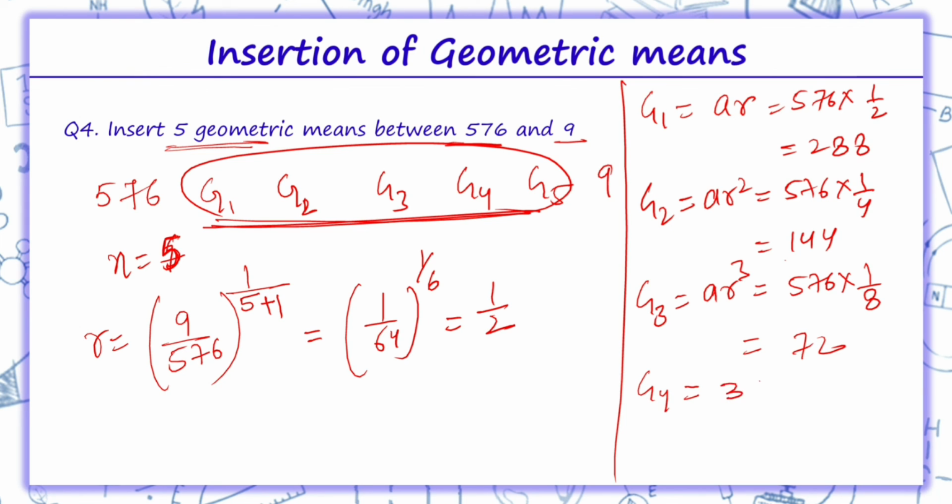Similarly g4 will be 36 and g5 will be 18. So this is how we can find the values of the geometric means we have inserted. Like we have inserted 5 geometric means, we can find their values by the same method.